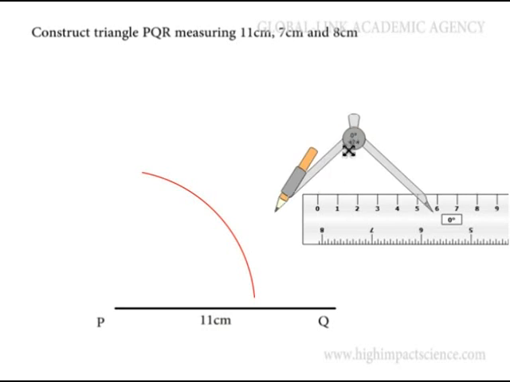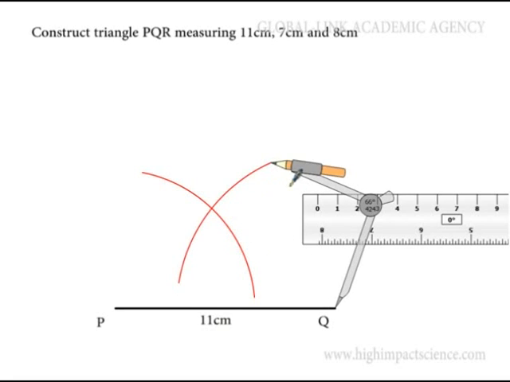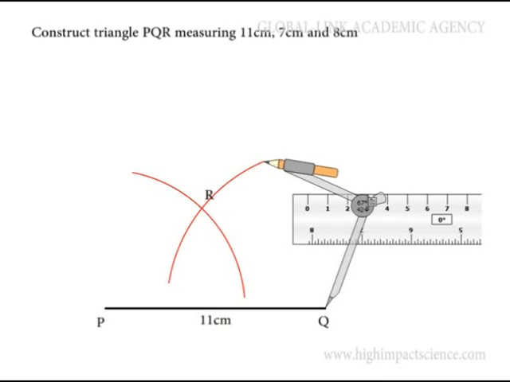Go to the other point Q and do an arc. The point of intersection of the arcs is the point R. All you need to do is to complete the triangle.